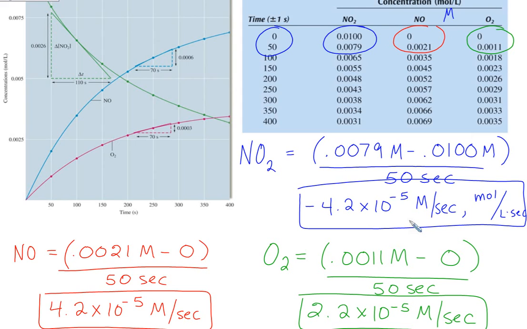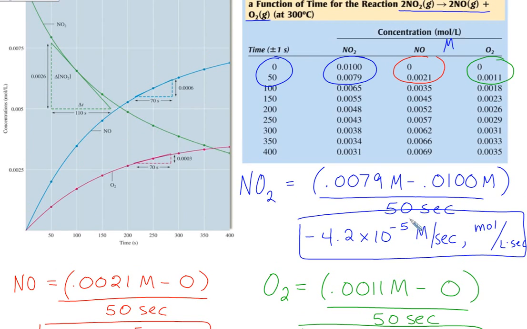Now the other kind of interesting thing is if we look at this graph. If you look at the graph, check out this guy, the nitrogen dioxide and the nitrogen monoxide. They have like the same curve, it's just inverted. Oh, yeah, because they're changing at the same rate.